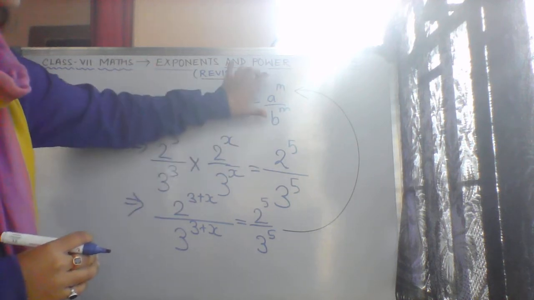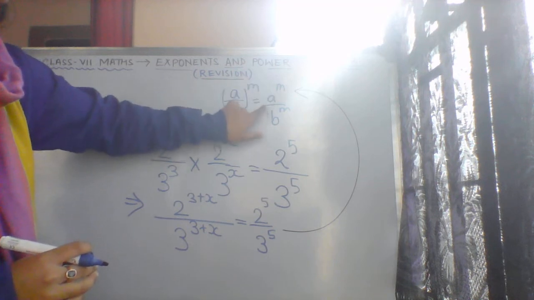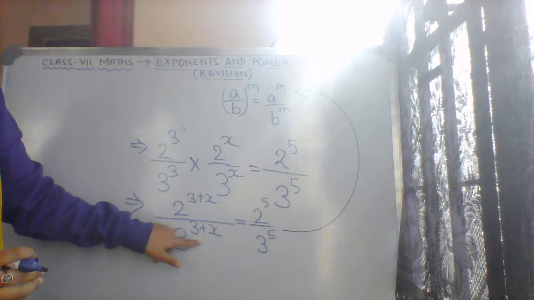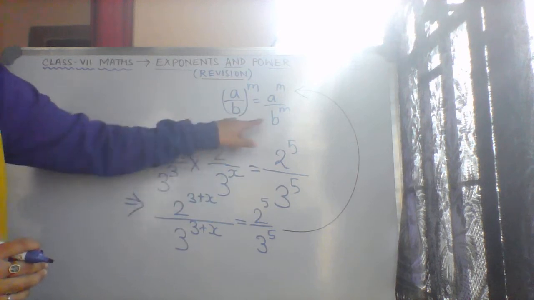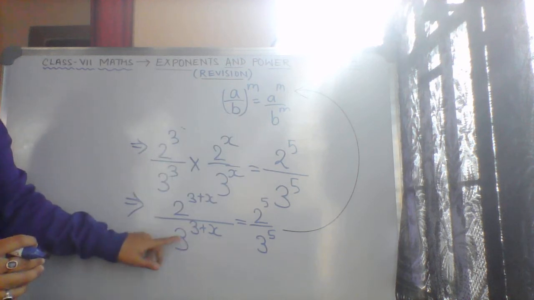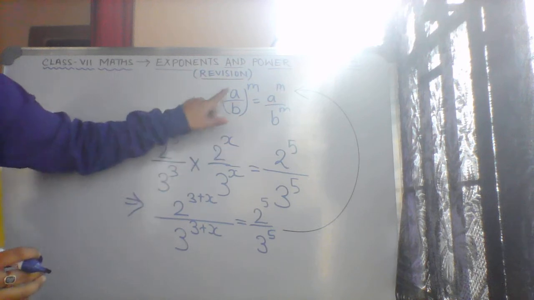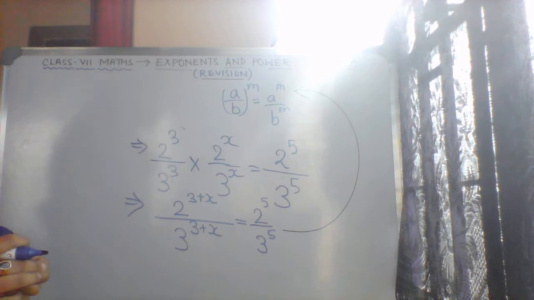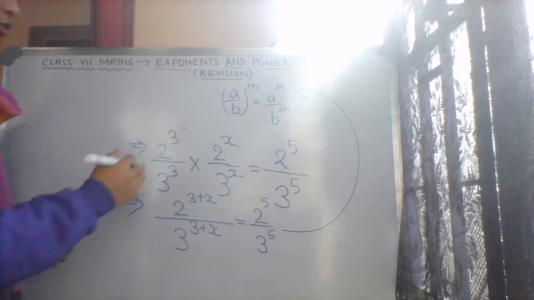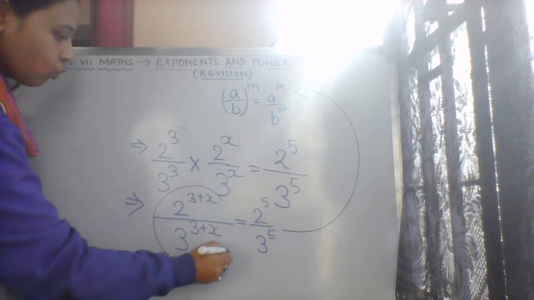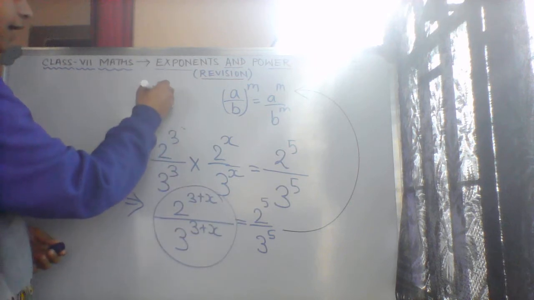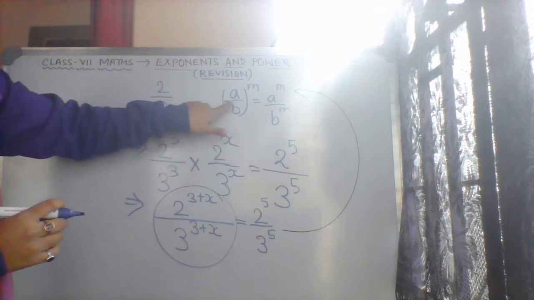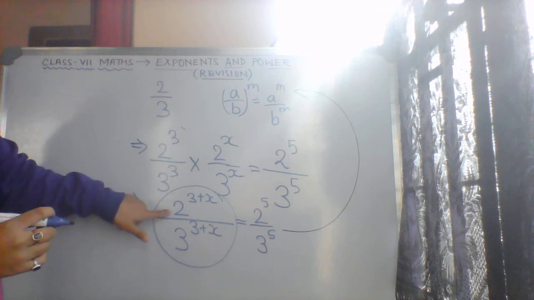If something is in this form, a to the power m divided by b to the power m, the power is same, a is here 2, b is here 3, so I can combine them in this form, (a/b) whole to the power m. So what will come for this whole part? I can write 2 by 3. Those bases I will write in this form, a by b. So what are the bases?